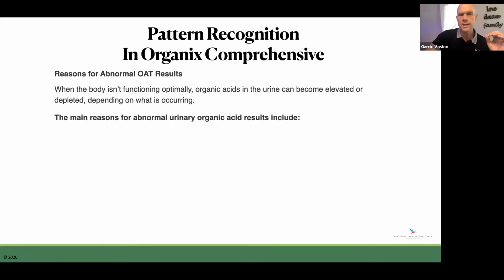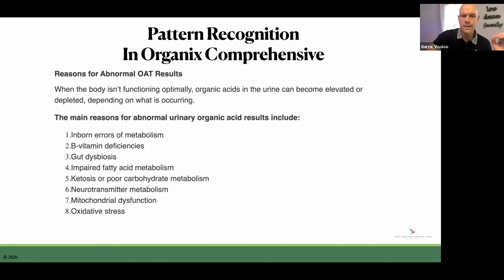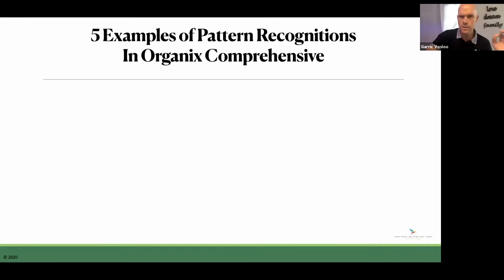Some of the main reasons for abnormal urinary organic acids may include inborn errors of metabolism, B vitamin deficiencies (a big one), gut dysbiosis, impaired fatty acid metabolism, ketosis or carbohydrate metabolism, neurotransmitter metabolism, mitochondrial dysfunction, oxidative stress, poor detox, and inflammation. We're not going to be covering all of those, but just so you've got a broad understanding of the possibilities of what can disrupt it.